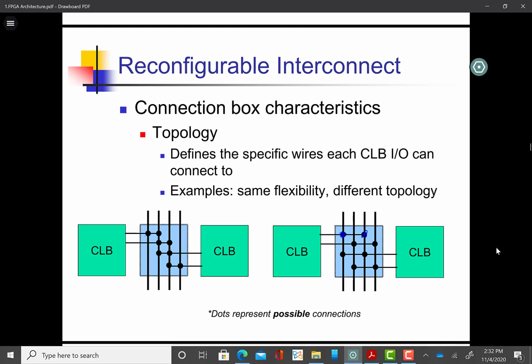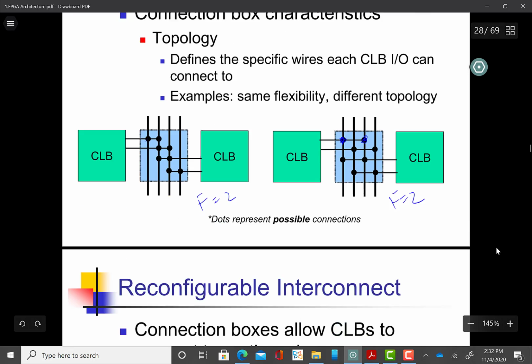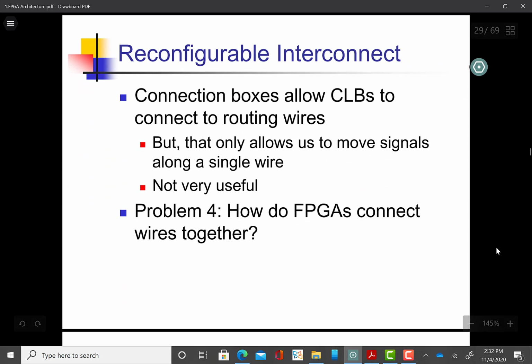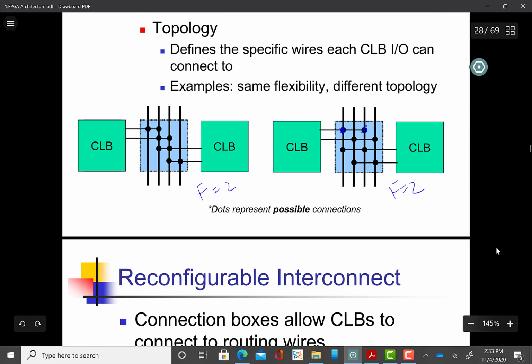Here the flexibility is the same. The flexibility is 2 here and 2 here, but the topology is different. In one case you can connect to adjacent wires, and in the other case you can connect to alternate wires. Connection boxes allow CLBs to connect to routing wires.